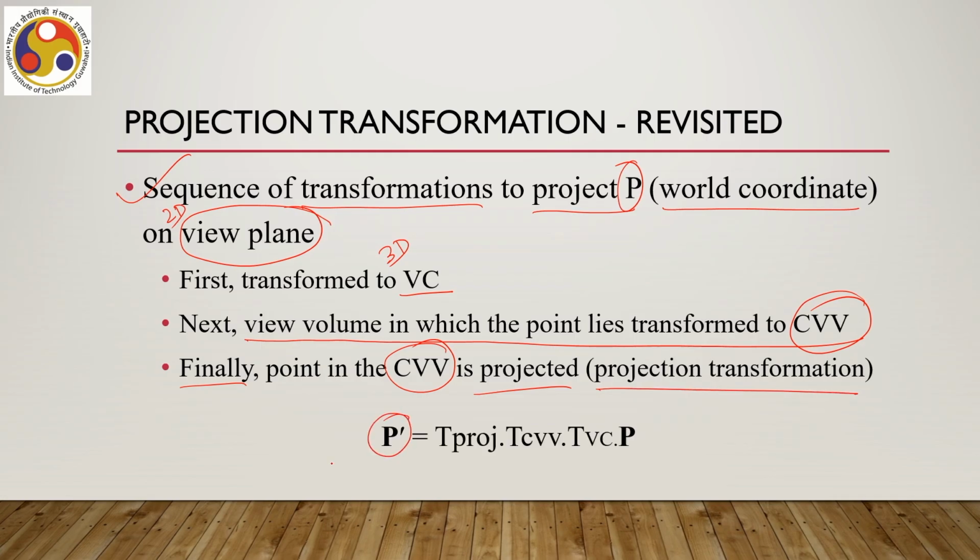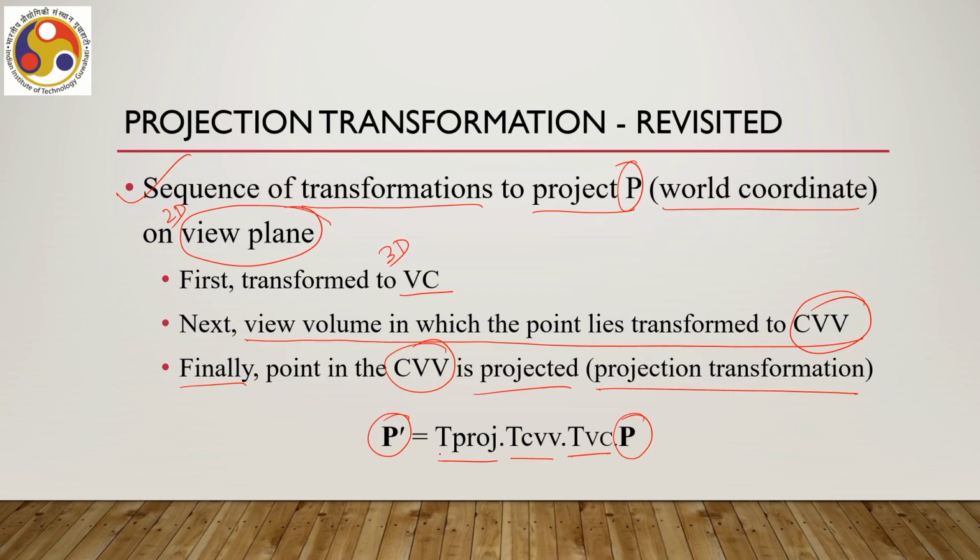So, if P dash is the final point that we obtained on the 2D view plane, then we can compute P dash in terms of the original point P in the world coordinate scene by multiplying P with the transformation matrices: the world coordinate to 3D view coordinate transformation matrix, then a matrix to transform to canonical view volume, and finally, the projection transformation matrix.